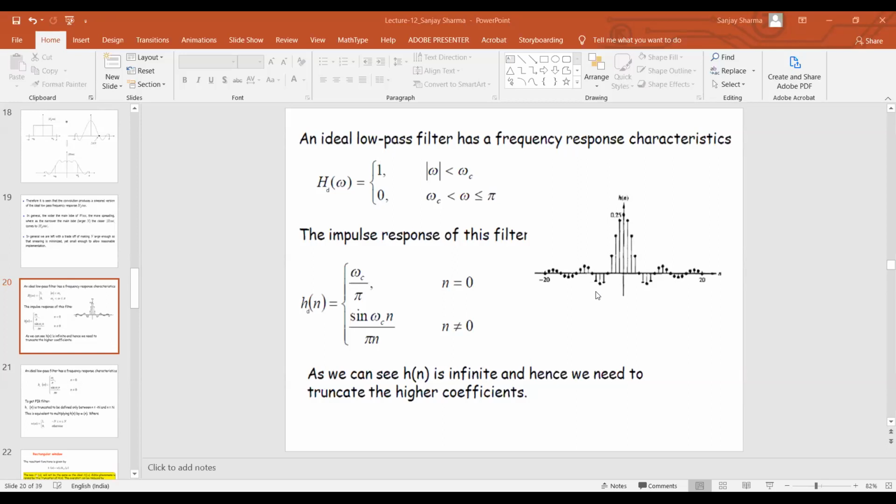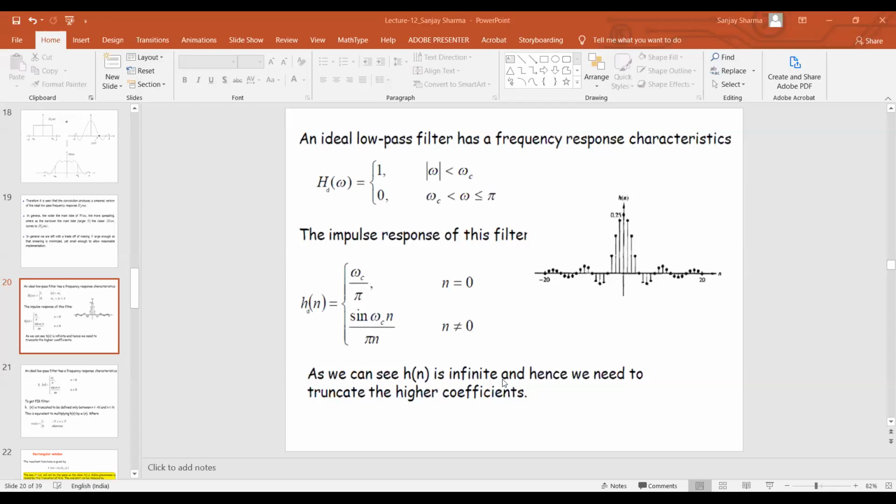The starting of the FIR filters will start from here: you take the impulse response of a filter or a system having infinite impulse response. So I take a low pass filter, I find its impulse response, and when I check it, I find that it is infinite.